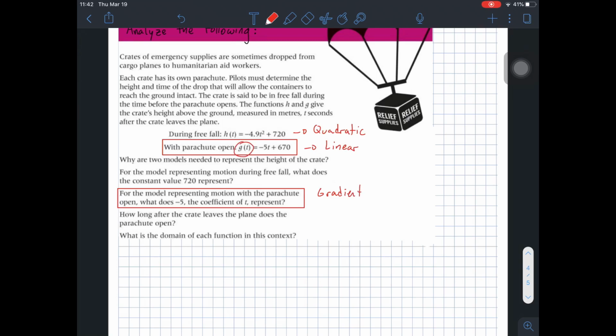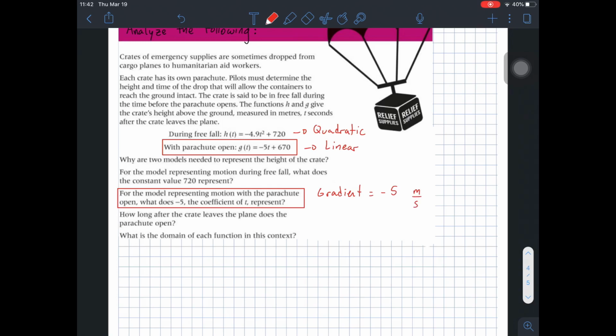And since we're talking about g(t), which represents, let me see, where is it? G gives the height, the crate's height above the ground, right? So what this value of the gradient tells us is how much the crate falls per each second that passes, right? So gradient equals -5, that is meters per second.